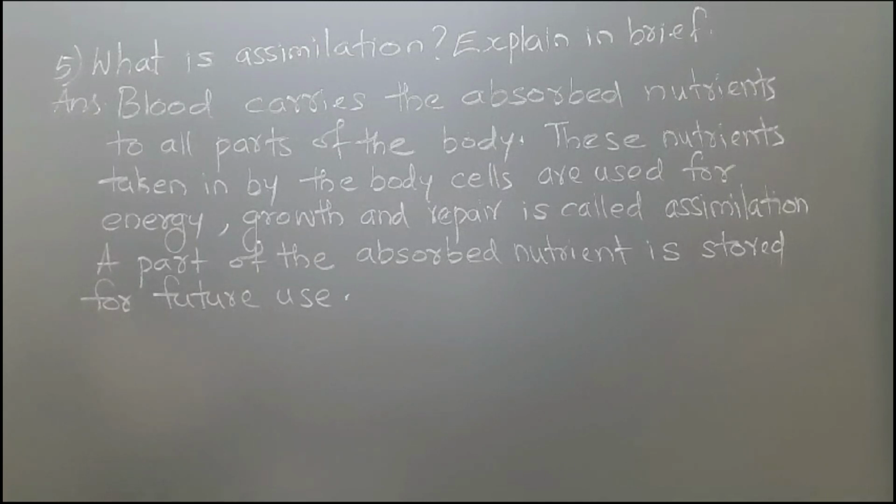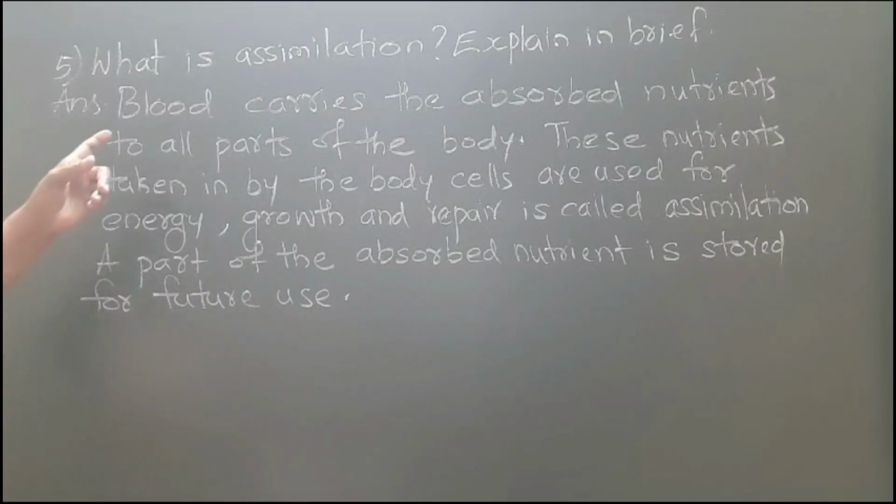We already learned that there are finger-like projections in the small intestine. They are called villi. Villi contain blood vessels. After the digestion, the nutrients in the digested food pass through the thin walls of the blood vessels and enter into the bloodstream.